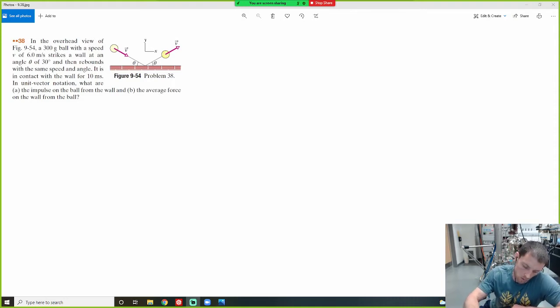Okay, so first of all, I'm just going to declare all my symbols, of course. The mass of the ball is 300 grams. That is 0.3 kilograms. Okay. Theta is 30 degrees.